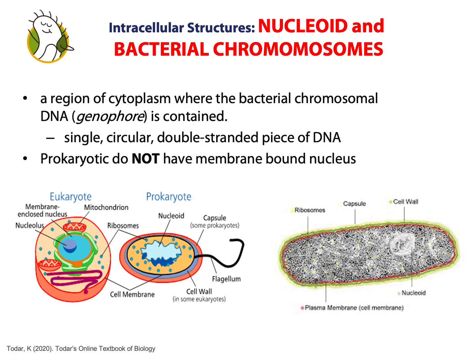So, another intracellular structure, you have your nucleoid and bacterial chromosomes. Unlike eukaryotic cells, bacteria do not have a membrane-enclosed nucleus. That is why they are called prokaryotic organisms. So the nucleoid, meaning nucleus-like, is an irregularly shaped region within the cell of a prokaryote that contains all or most of the genetic materials.